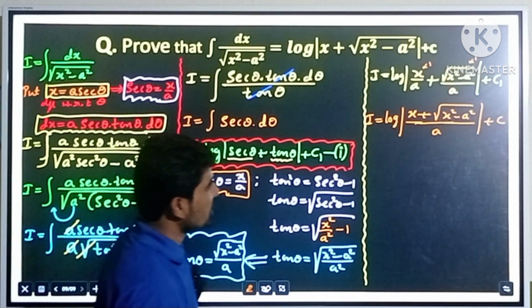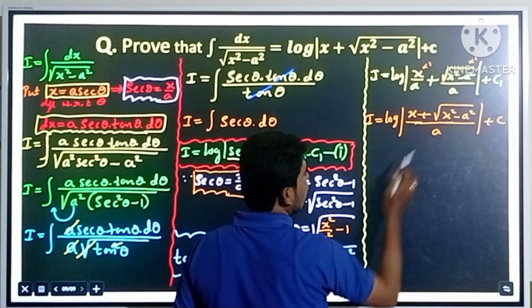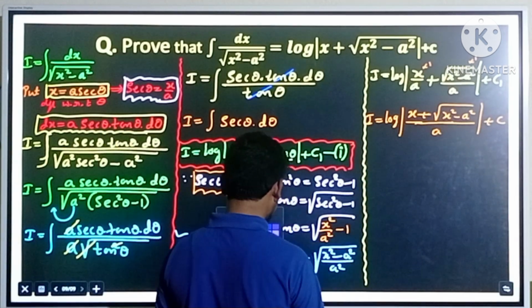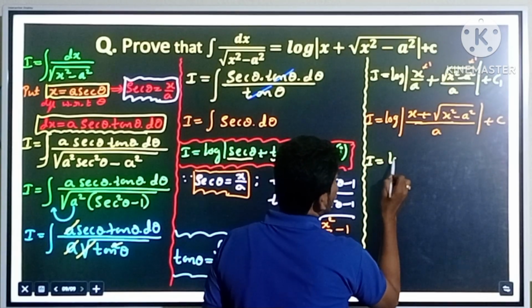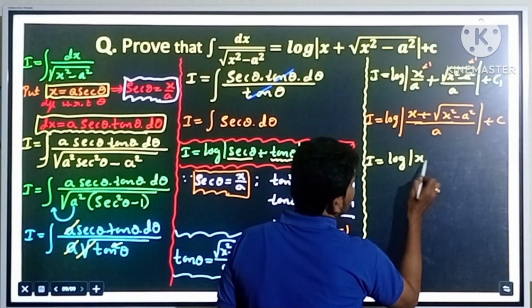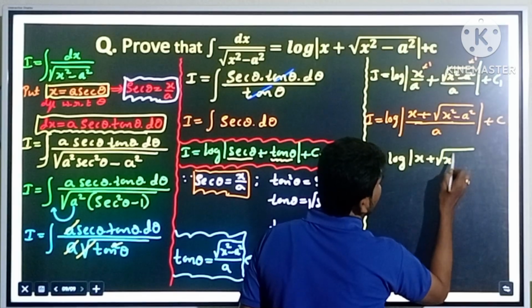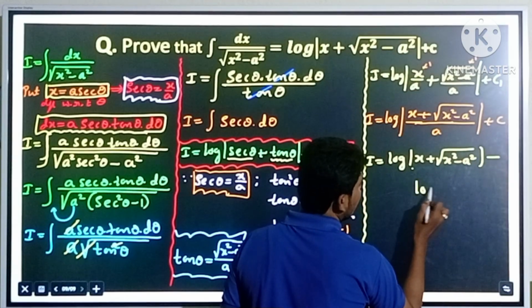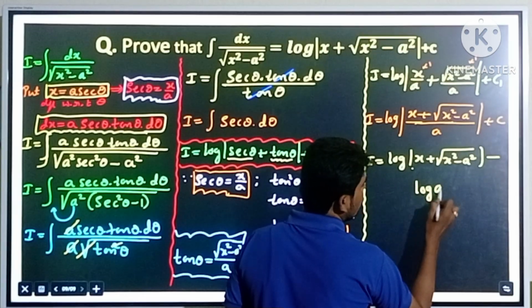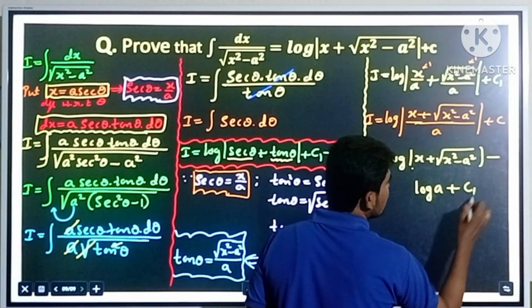Now by using the property of log m divided by n, I equals to log m, what is m? x plus root x square minus a square, minus log n, what is n? a, plus constant c1.